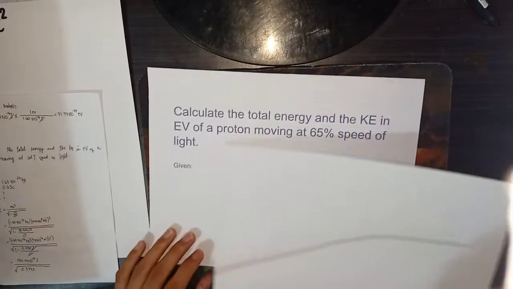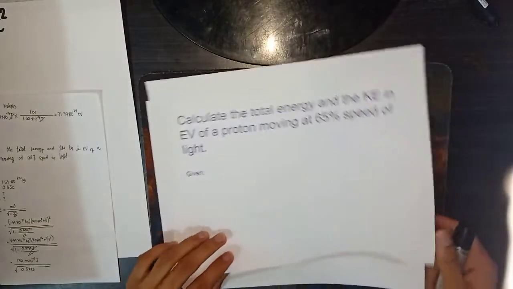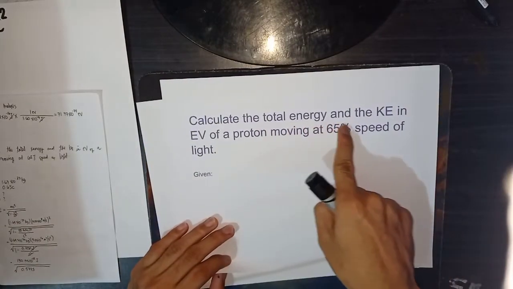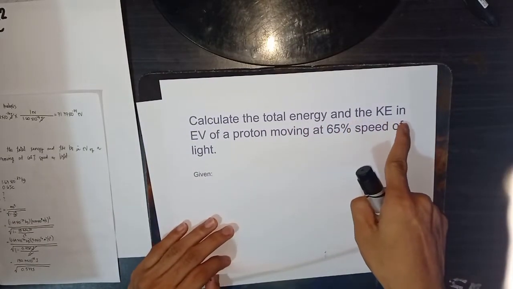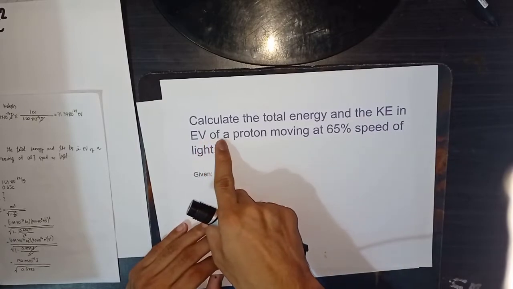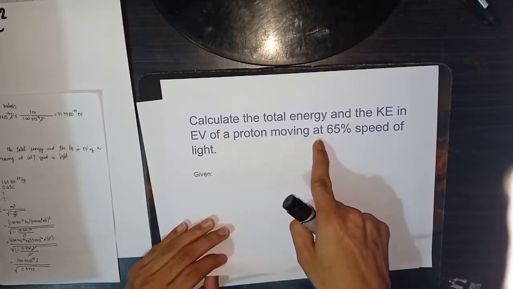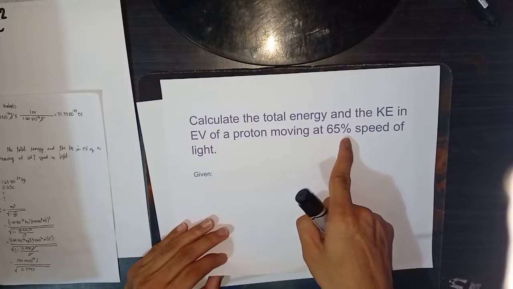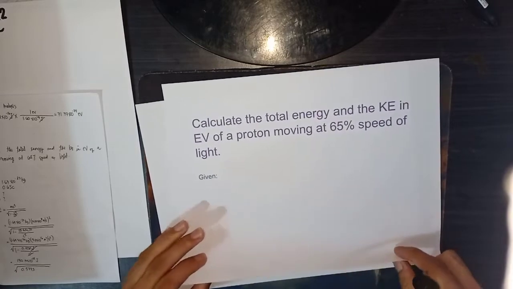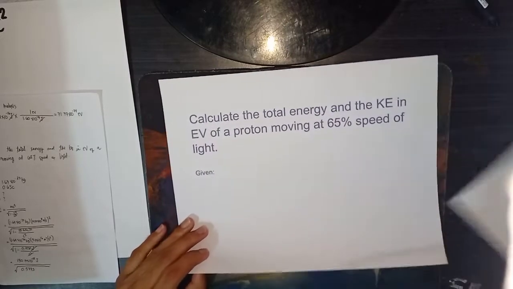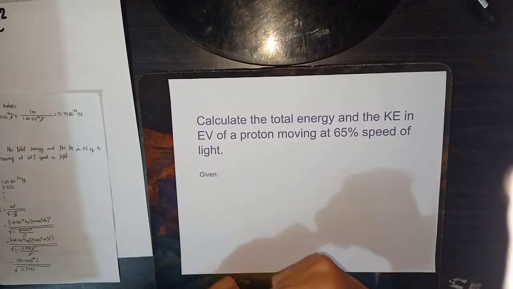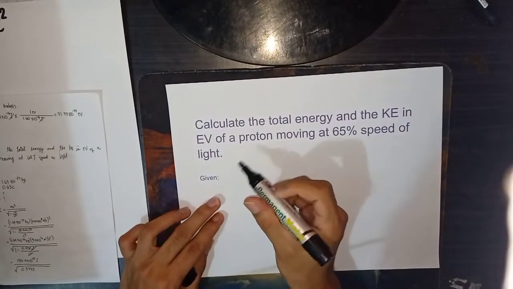Alright, let's move on to problem number 2. Calculate the total energy and the kinetic energy in electron volts of a proton moving at 65% the speed of light. We are going to identify the given values.